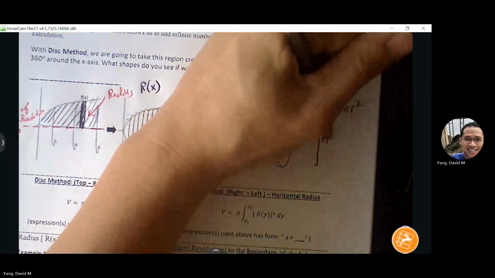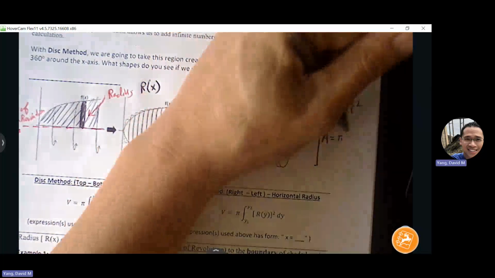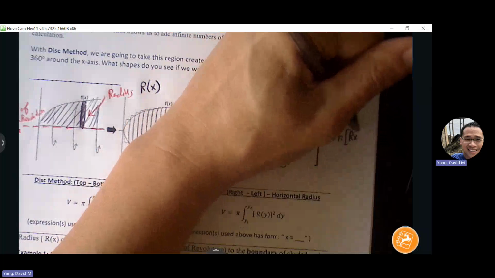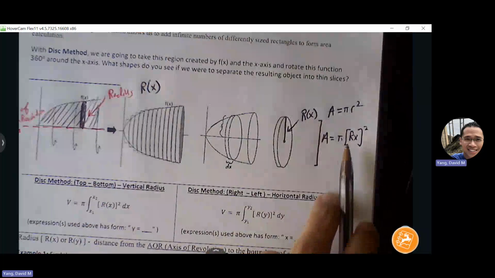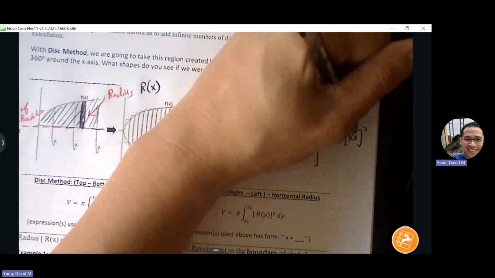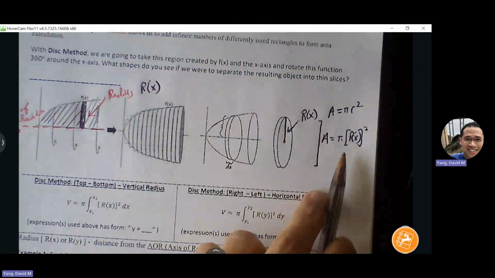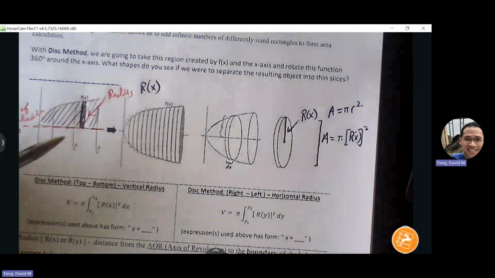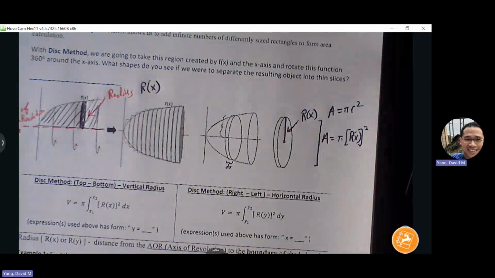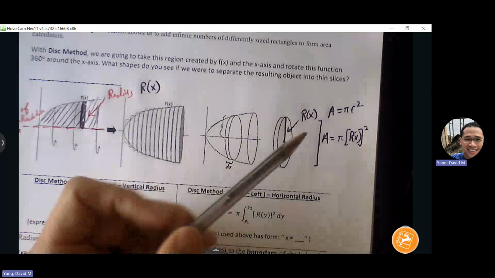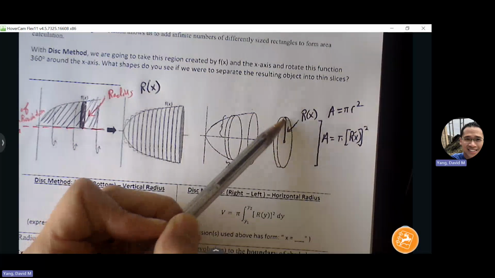Pi r squared. So the area is going to be pi times this representative radius big R of x squared. And we are going to give it that R of x designation because we know that, as the graph moves up and down, the radius of these infinitely thin disks is going to be changing, right? But we don't have to worry about the change. It'll just handle itself within the formula. Now, area is how many dimensions is area?